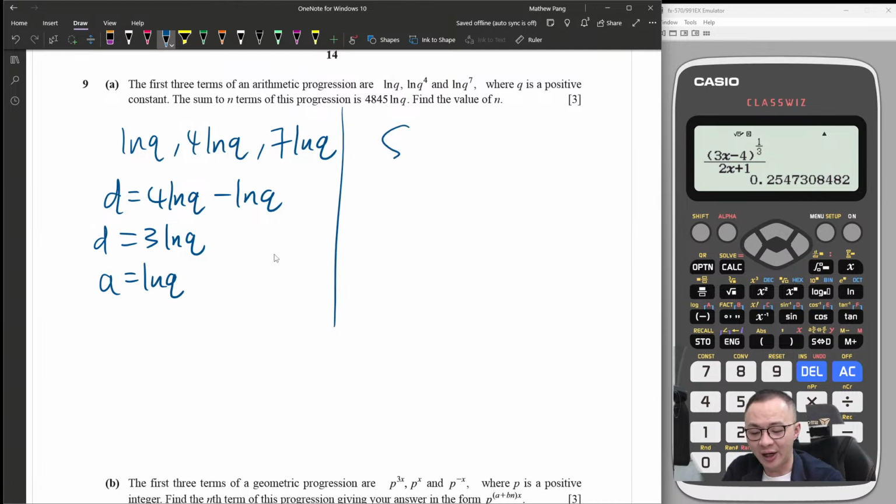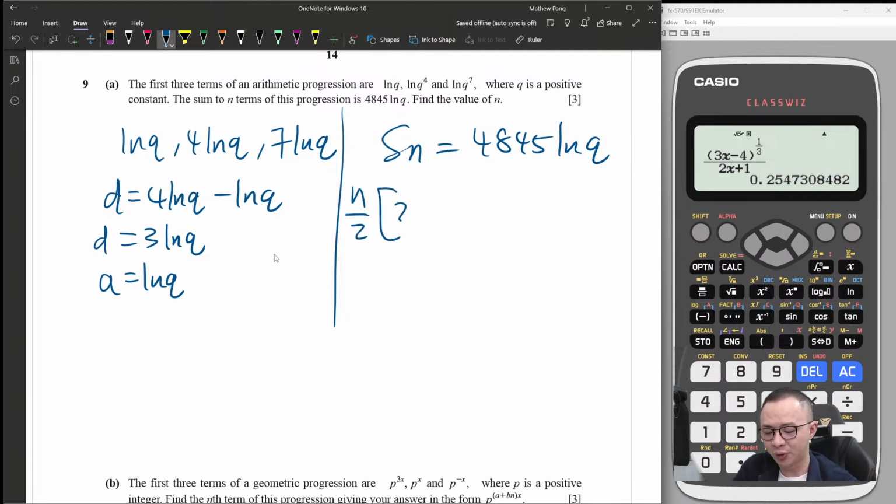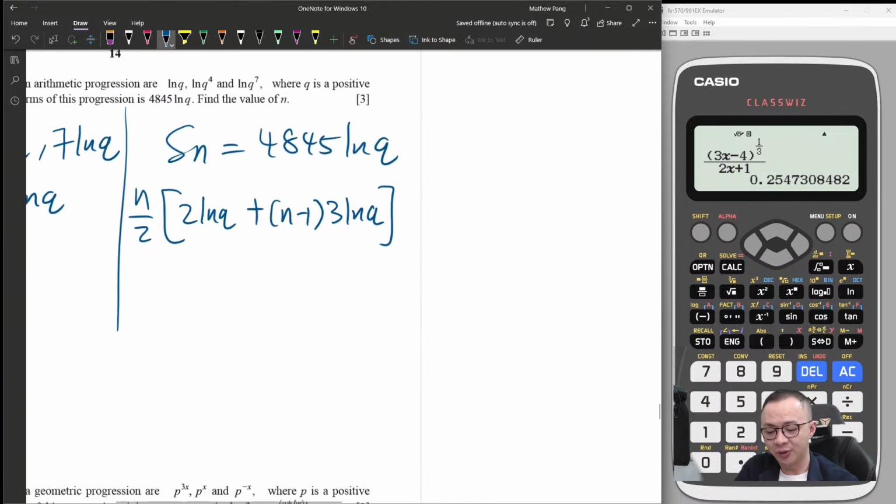So right now I want to do Sn. Is 4845 ln q. So n over 2, 2a plus n minus 1 d, 3 ln q. So equals to 4845 ln q. Alright, okay, we multiply in.